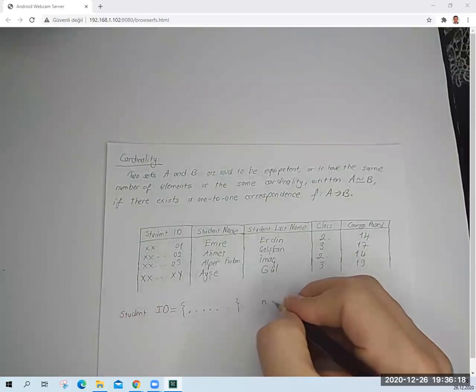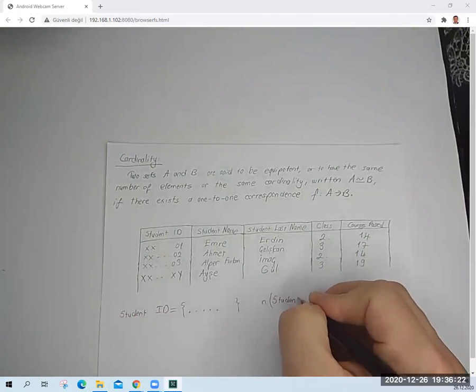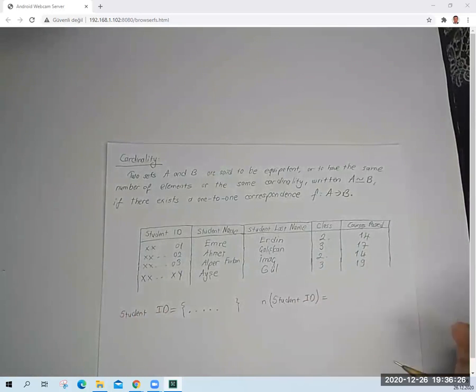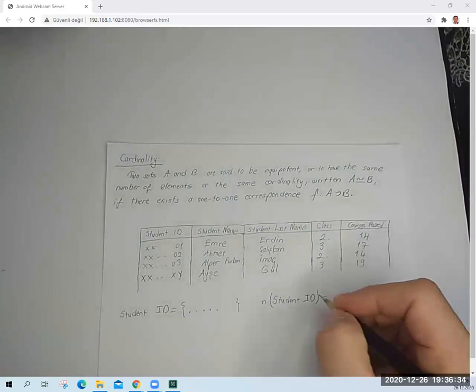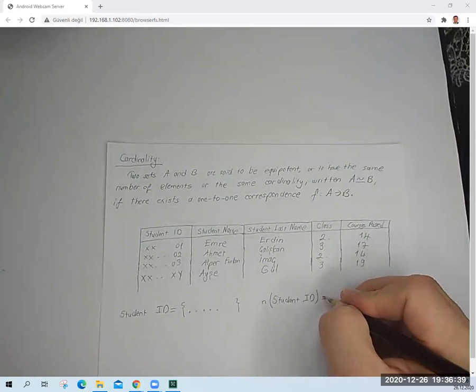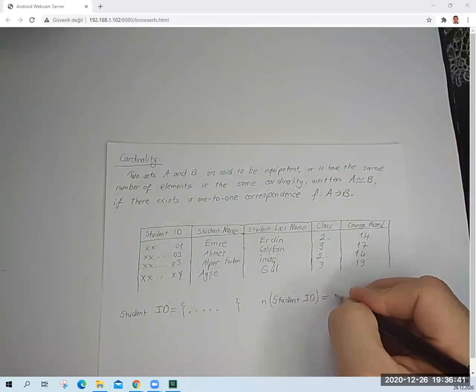And then the number of student IDs is equal, let's say, for our table, our universal set is going to be our table, maybe our university, but we don't know. Maybe our department, let's say 200.